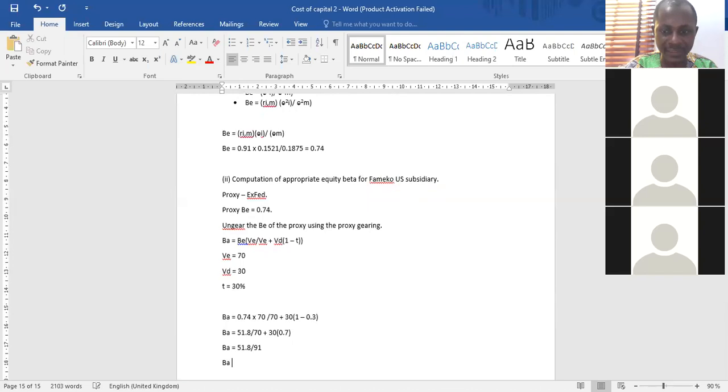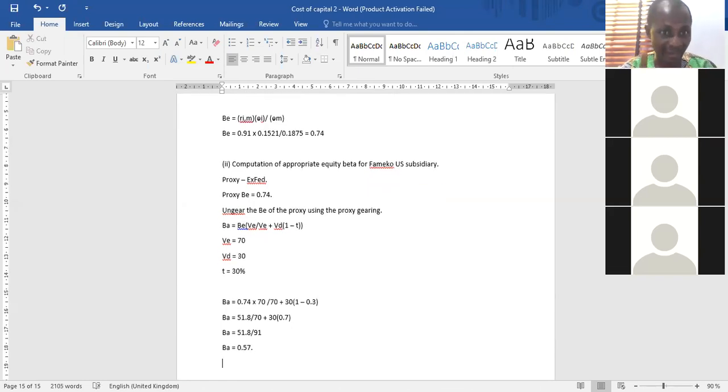So beta of asset will be equal to 51.8 over 91. 51.8 divided by 91 gives us 0.57. This is the business risk that Fameco subsidiary faces in the US.